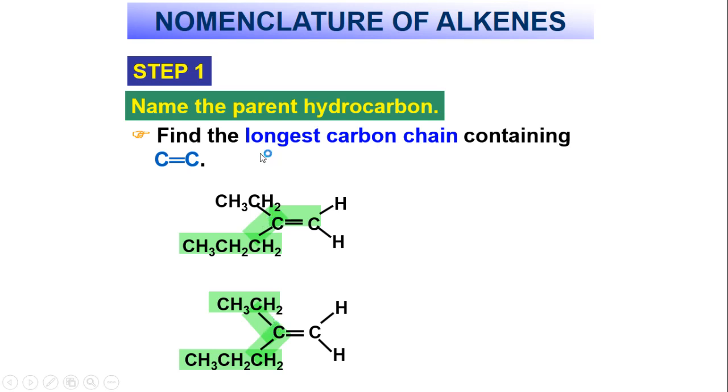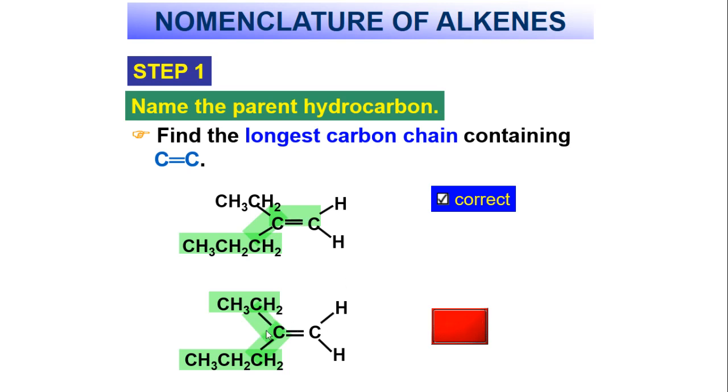But according to the rules, you find the longest carbon chain containing the C double bond. So the first one is correct and the second one is wrong. Take note of that. The first one is correct because the longest carbon chain is having the double bond.